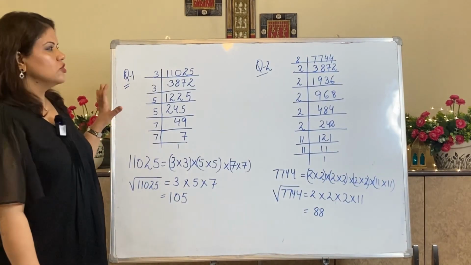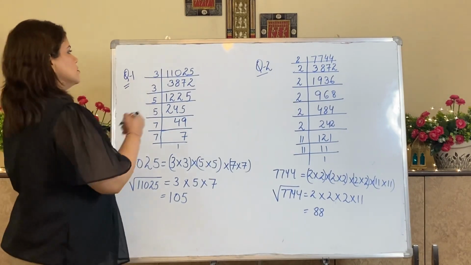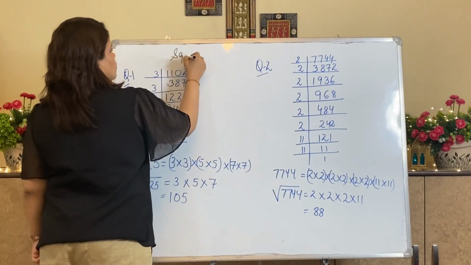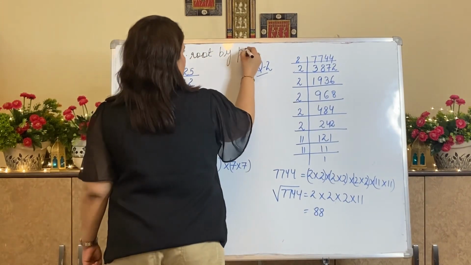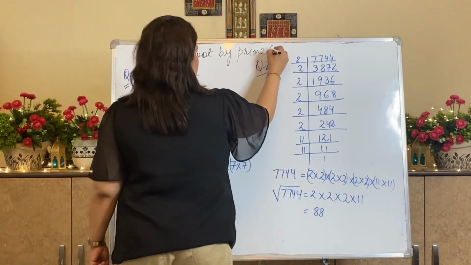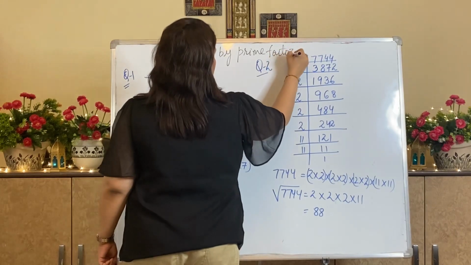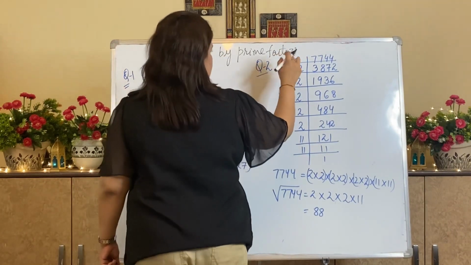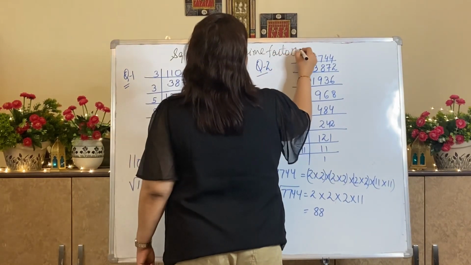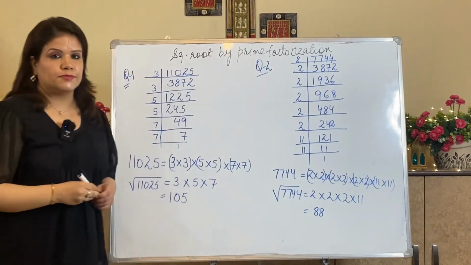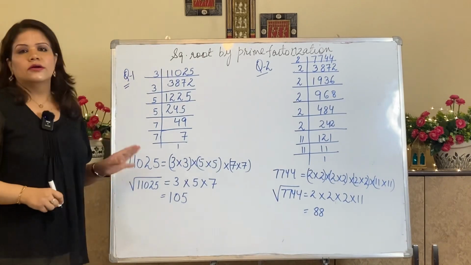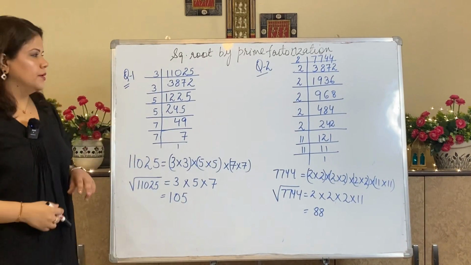Now I am taking two examples of finding square root using the prime factorization method. I have taken two examples and done the prime factorization of them. And I told you there are six steps for finding the square root of a number.